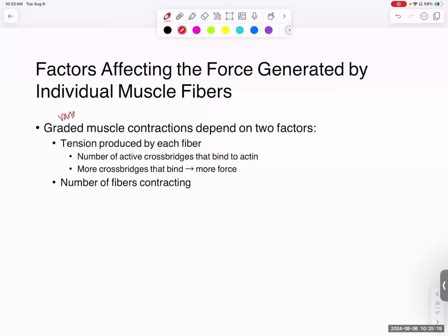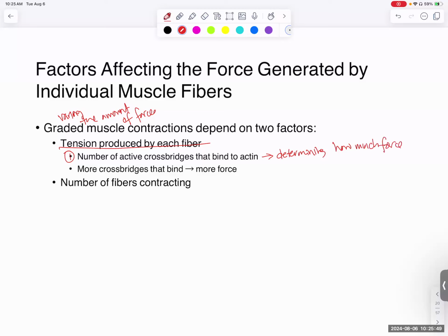Graded muscle contractions depend on two factors, and what graded muscle means is varying the amount of force, right? So we start off with a little bit of force and we get a medium, and we can keep adding the amount of tension or force produced by each muscle fiber. And so the number of active cross bridges is going to be a factor in determining how much force.